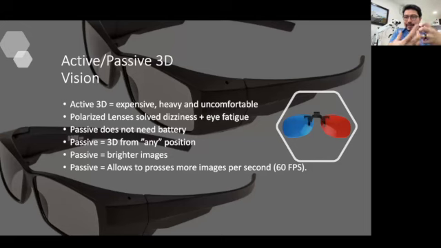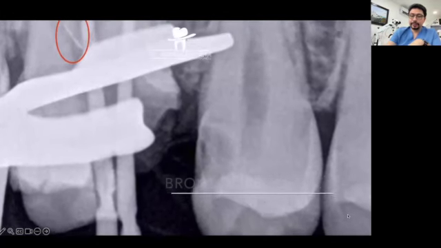And let's see the next video, and let's analyze how it changes when you go from removing a broken file to preparing the tooth for an indirect restoration.